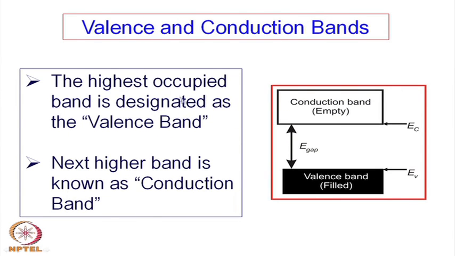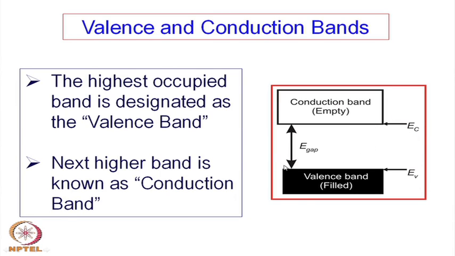So, this is the valency band and conduction band definition, and there is also some nomenclature here. For example, the top of the energy level of the valency band is designated as EV, E subscript V, and the bottom of the conduction band, the energy corresponding to that, is designated as EC.